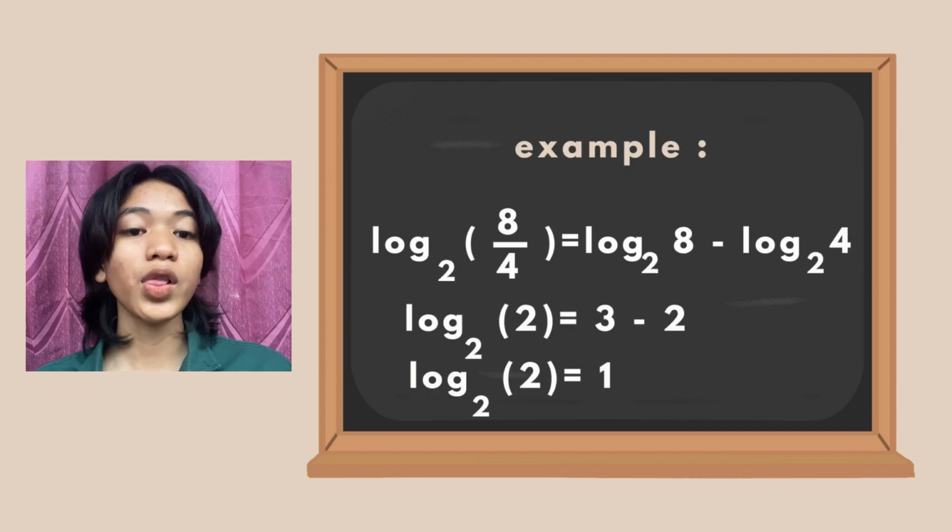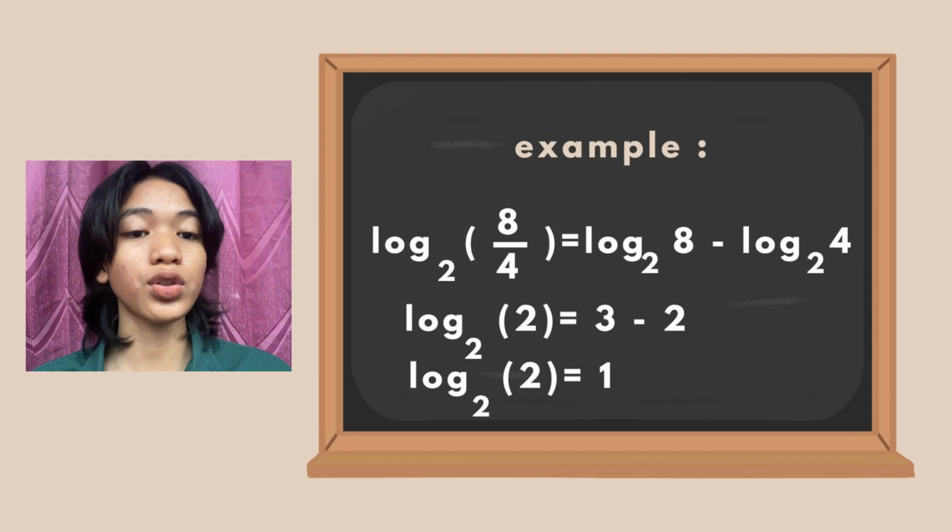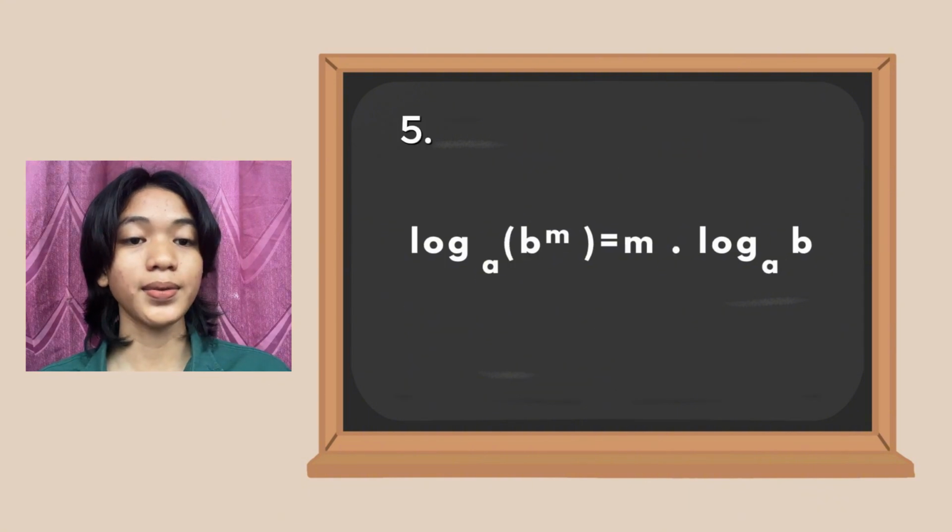Example, log base 2 of 8 over 4 equals log base 2 of 8 minus log base 2 of 4. Log base 2 of 2 equals 3 minus 2. So we have log base 2 of 2 equals 1.